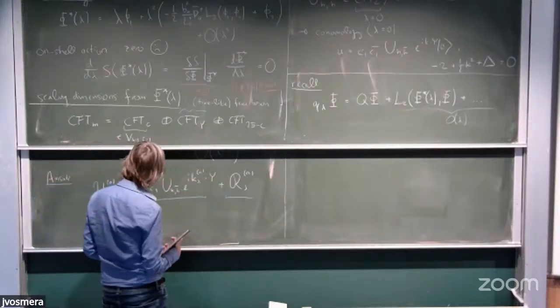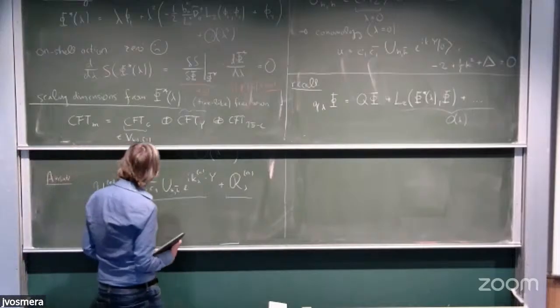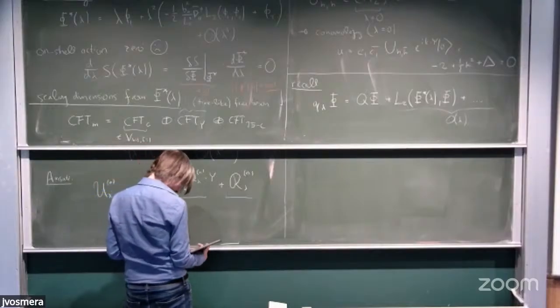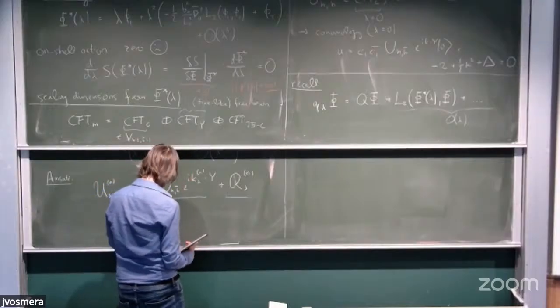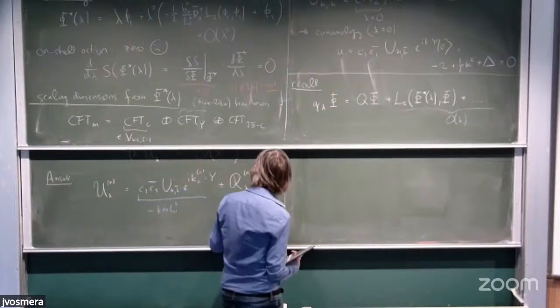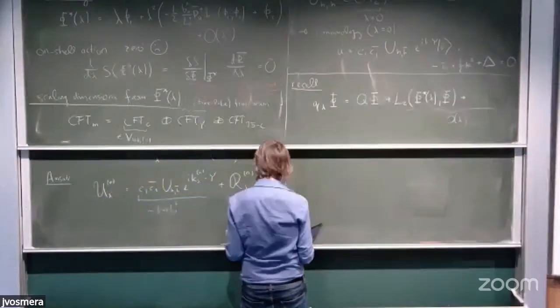And that in turn will make this state be no longer exactly in the kernel of L0, but for small deformations, it will be still almost in the kernel of L0. So this is almost in the kernel of L0. And then there will be this other part, which on the other hand, we will take to be far from the kernel of L0.